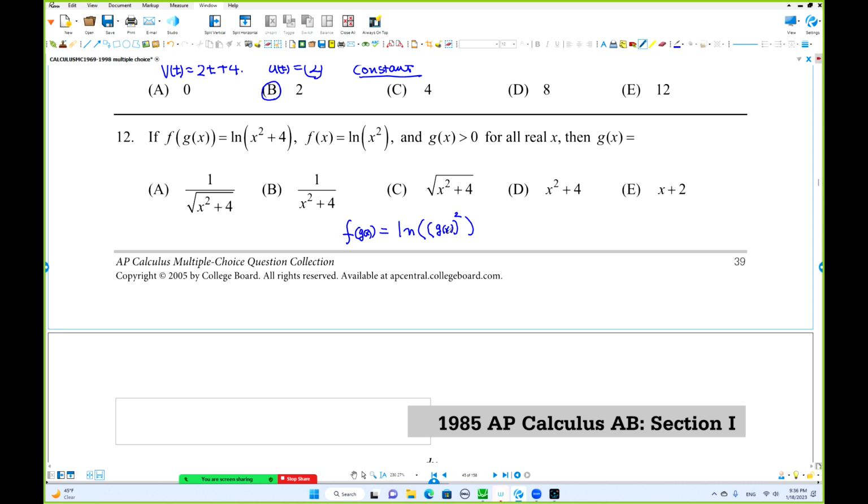So what is g of x? g of x squared is this one. Can you see that? g of x squared equals x squared plus 4, isn't it? Inside it must be equal.